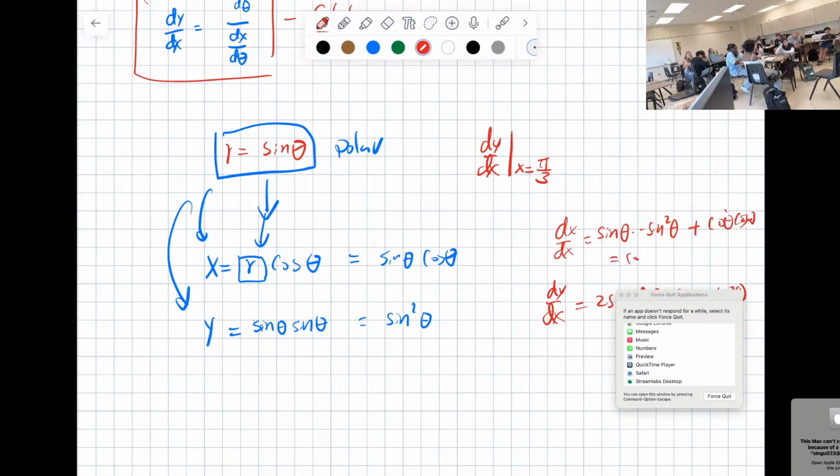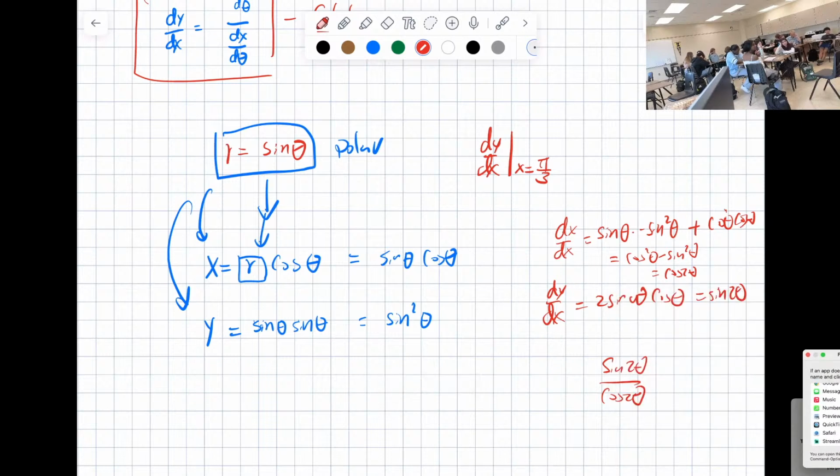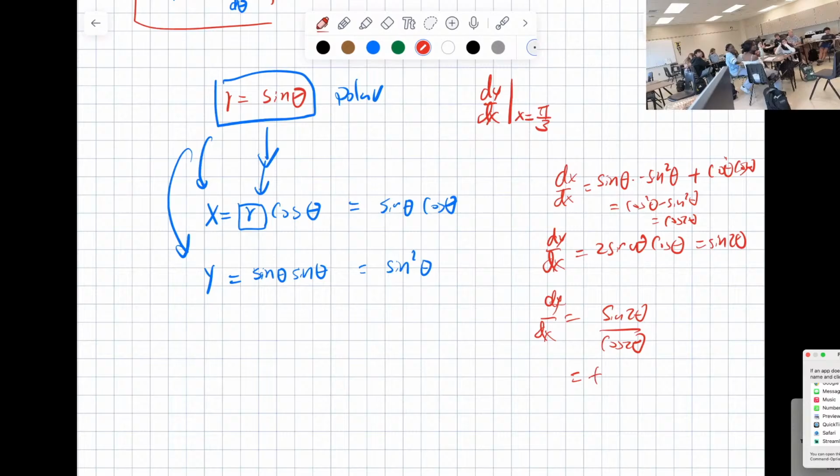So that's cosine squared theta minus sine squared theta, which is equal to cosine 2 theta. So it'd be sine of 2 theta over cosine 2 theta. Sorry, you're absolutely right. So dy/dx is equal to this, which is also equal to tangent of 2 theta.